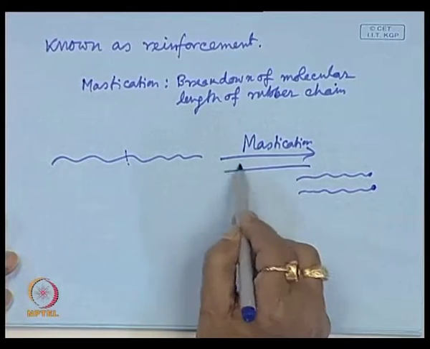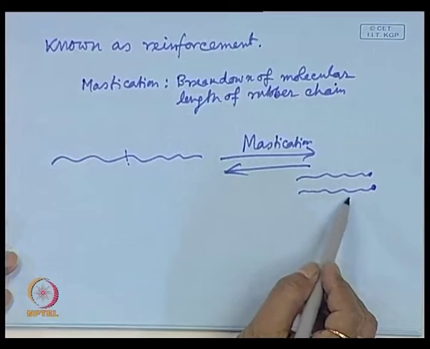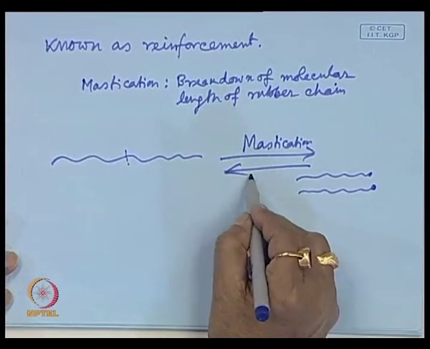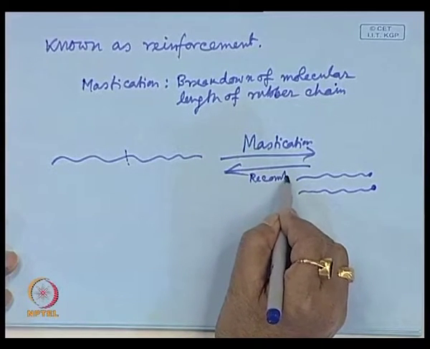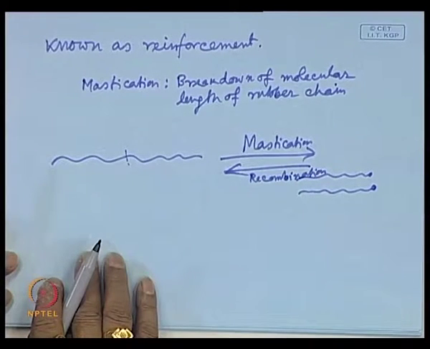Now, this is a reversible process. They can recombine again, mastication and recombination. If it is recombined, then our purpose is not served, that is mastication has not been effective. So, it needs more time of milling.